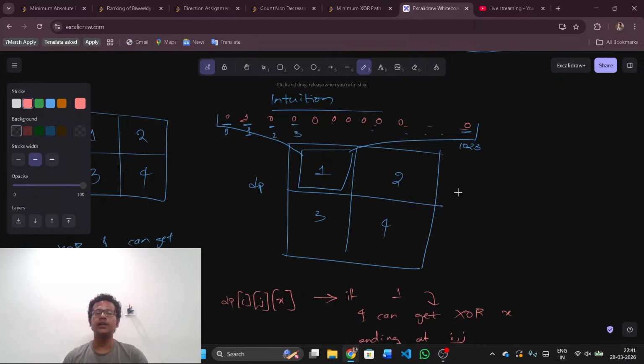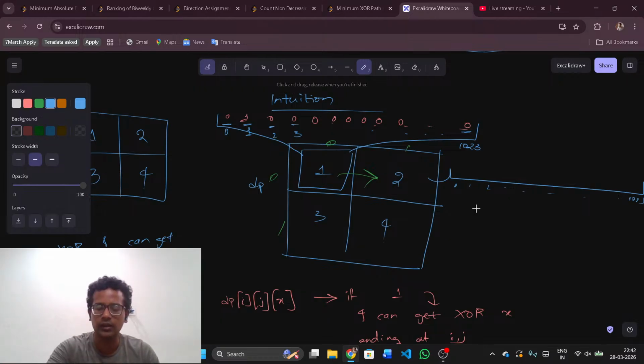Now, let's go to the example. You see here, this is index 0, 1, 0, 1. I'll go to the left one and check, and do the XOR here. Here also I will have 0, 1, 2, 3, and so on. 1 XOR 2.